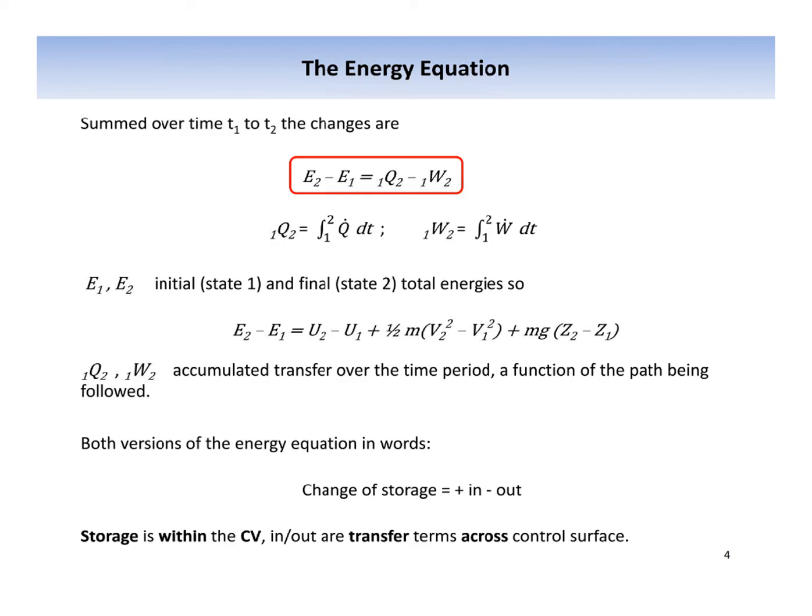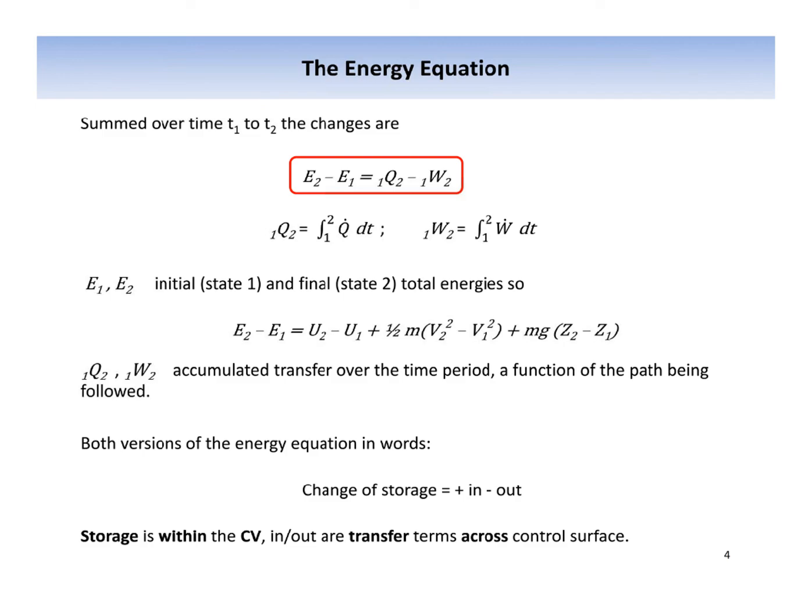So we can write it in this form as represented in this slide. We can expand the energies with internal energies using subscripts. For instance, E2 minus E1 is equal to U2 minus U1.